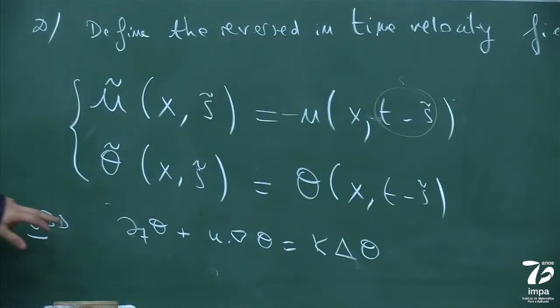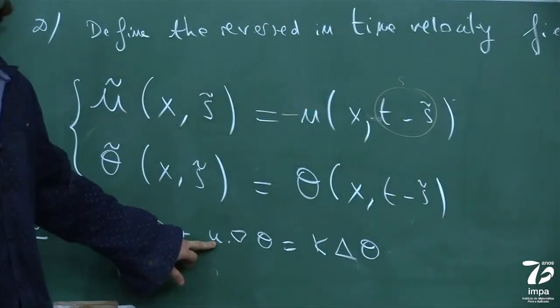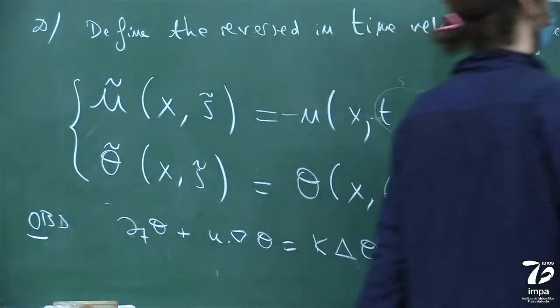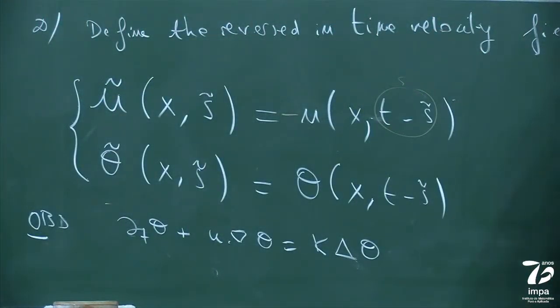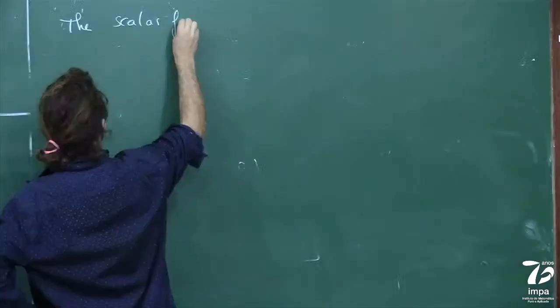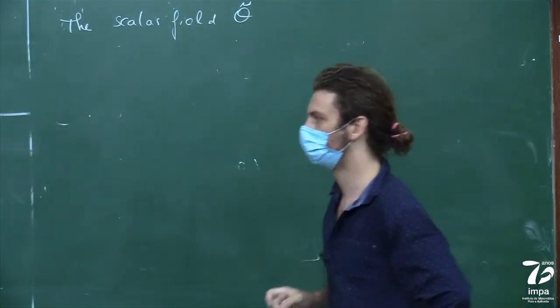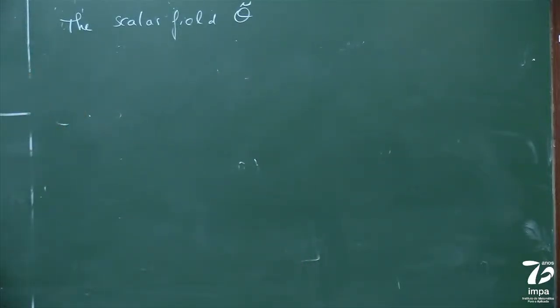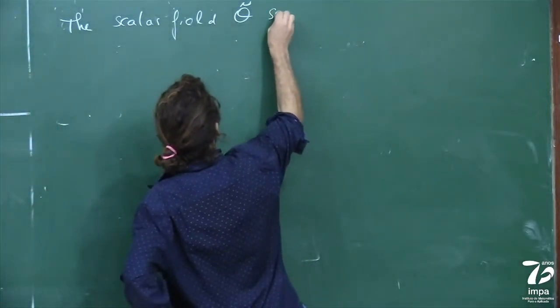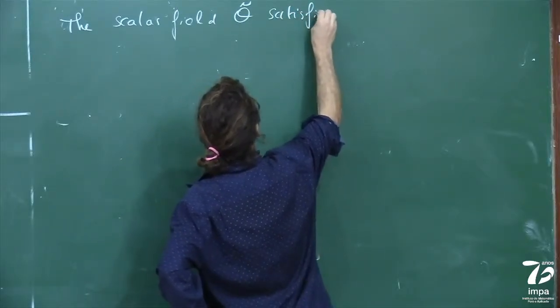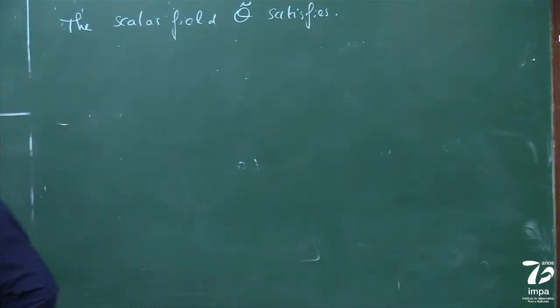And so if I take u to minus u, this implies that the scalar field theta tilde is going to satisfy a new equation. Basically this equation is obtained by putting a minus sign here and a minus sign here due to the u tilde, and keeping this one with a plus sign.